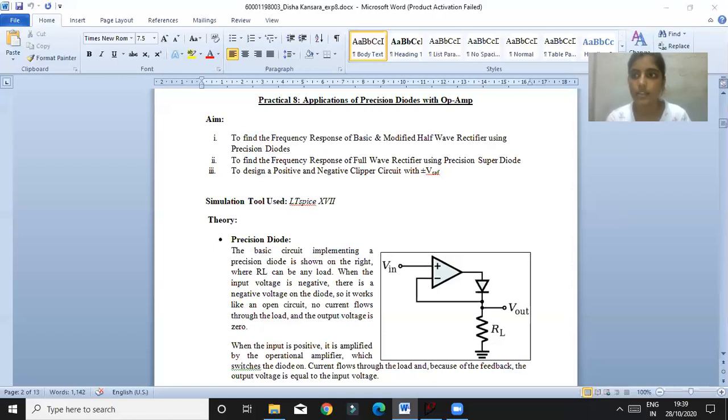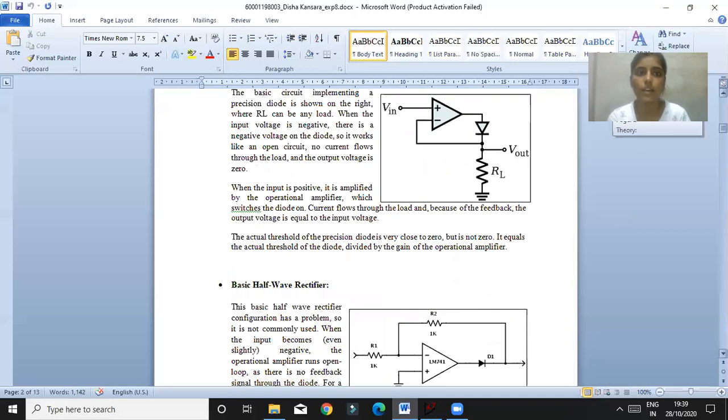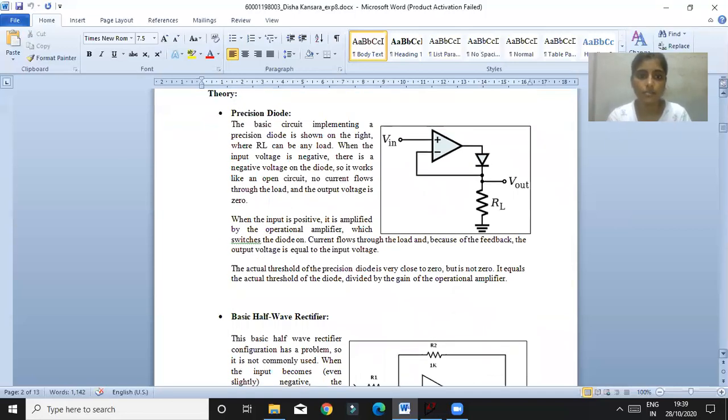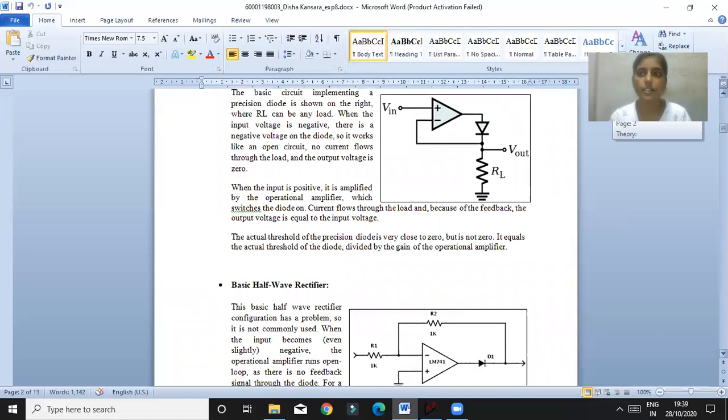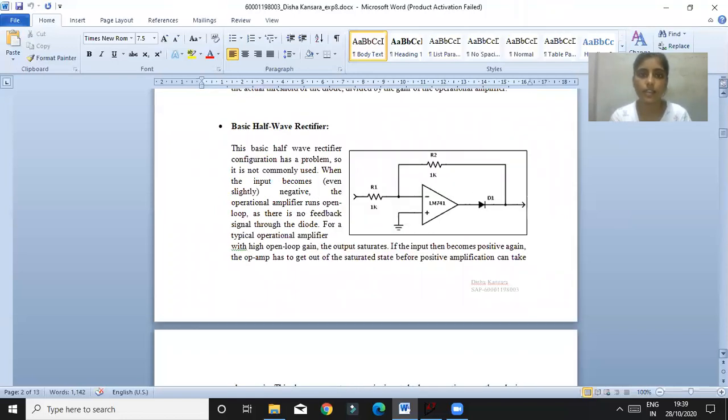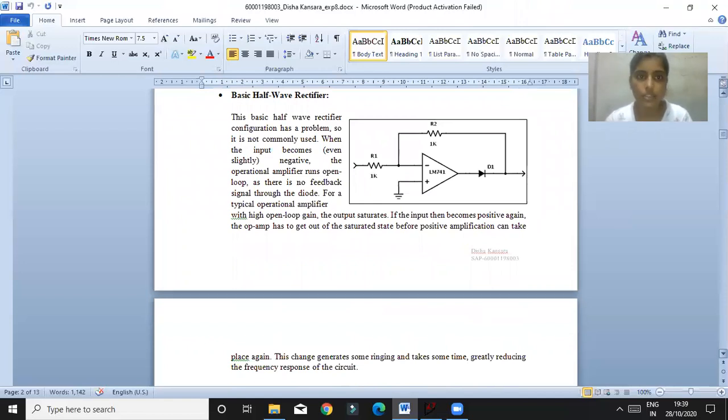So let's see first the basic short information about the half wave rectifier. This is the circuit of the basic half wave rectifier, which is commonly used.